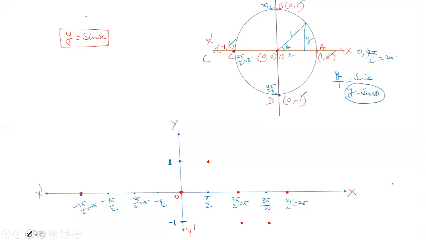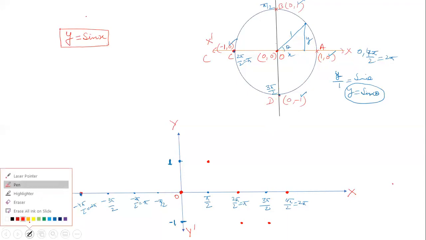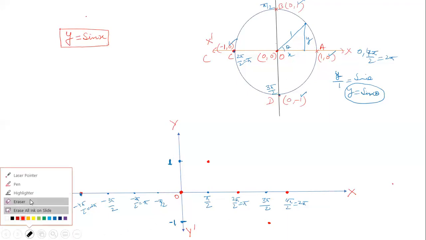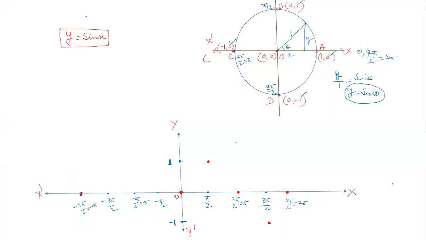So we will see that whenever we join these points with the help of free hands, we will draw a line like this.